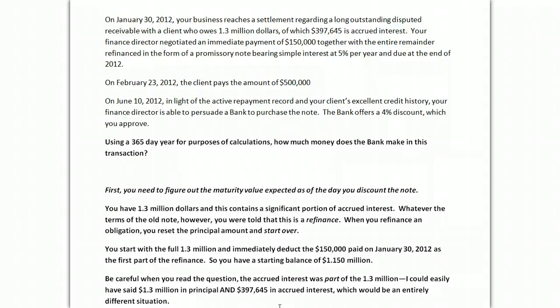I could have said 1.3 million in principal, and they owe 397,645 in accrued interest. So you don't get yourself confused by that, because that would just cause frustration. So if you read it right, you have a starting balance now going forward of 1.150 million.